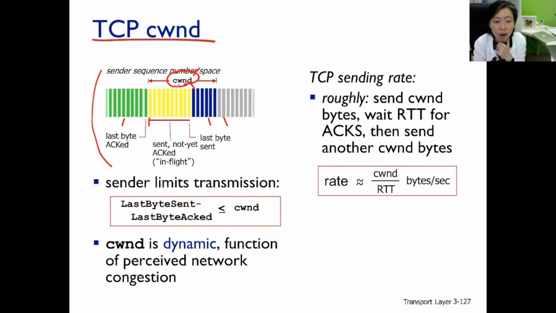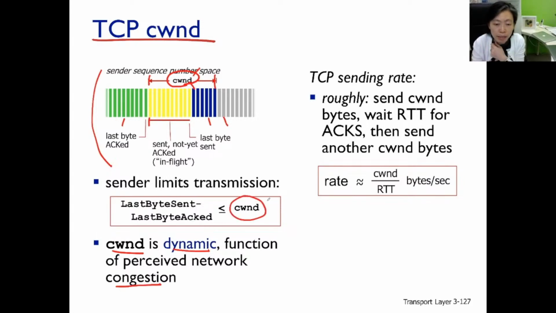We are now calling it the congestion window size, CWND, because it is dynamic. It can be large or small. It's no longer a fixed size. How large it is depends on how smooth the network is. How small it is depends on how badly the network is congested.